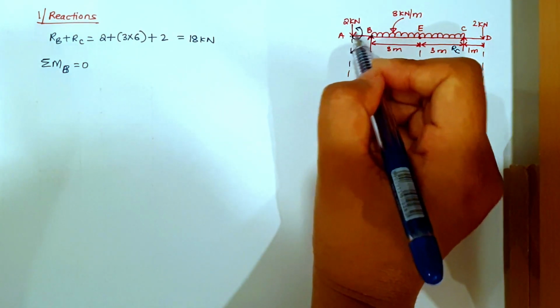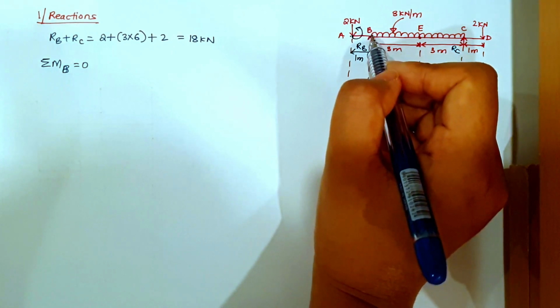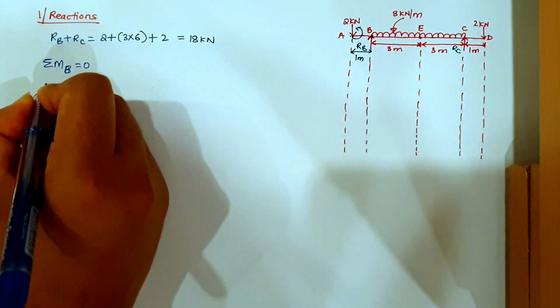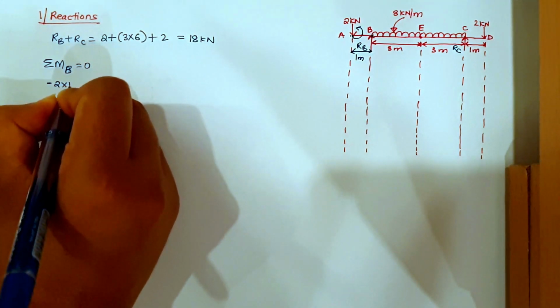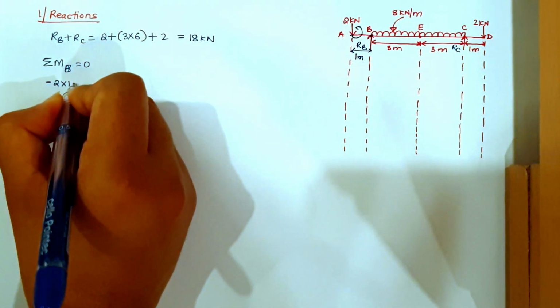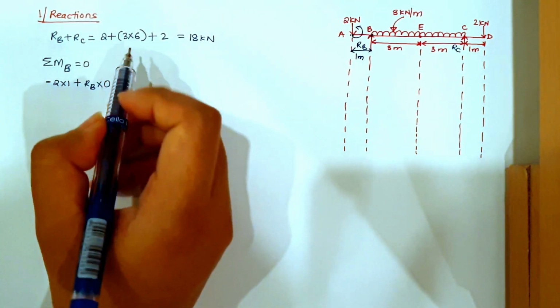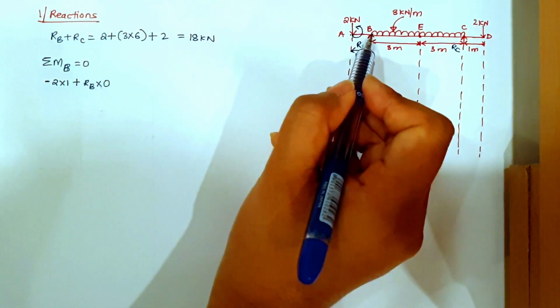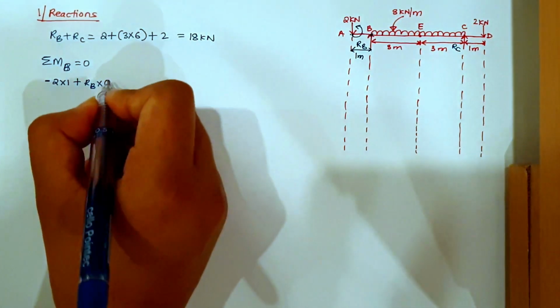Anti-clockwise is negative, so minus 2 into the distance of 1 meter from A to B. Then I have plus RB into 0, because B is my reference point, so its distance will be 0.